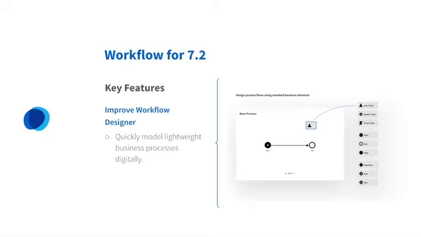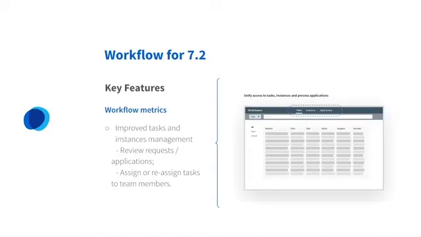So we want to offer you a new application that will help you to quickly model lightweight business processes digitally. And in addition to that, how can you manage all the tasks and all the instances? How you are assigning tasks to people and reviewing those request applications, assigning or reassigning those tasks to different people. We want to improve that in Kaleo.